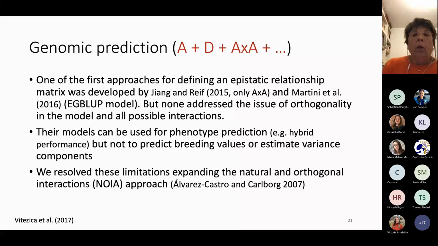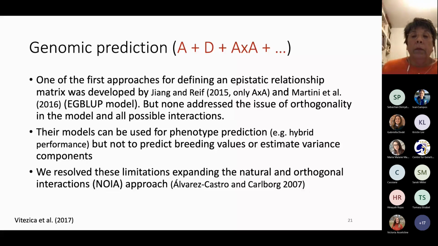Okay. Now the models where, in addition to the dominance, we include the epistasis. One of the first approaches for defining an epistatic relationship matrix was developed by Jan and Rafe in 2015, but they only consider second-order epistatic relationships, so it was only additive by additive.